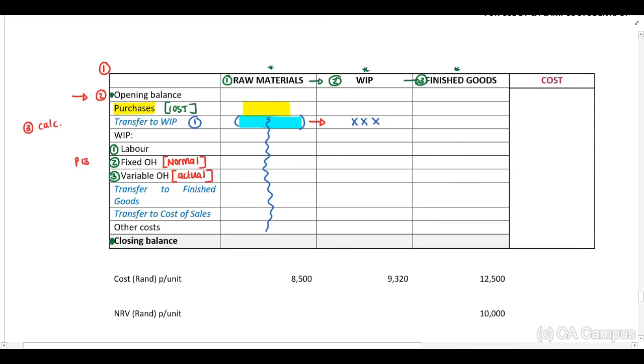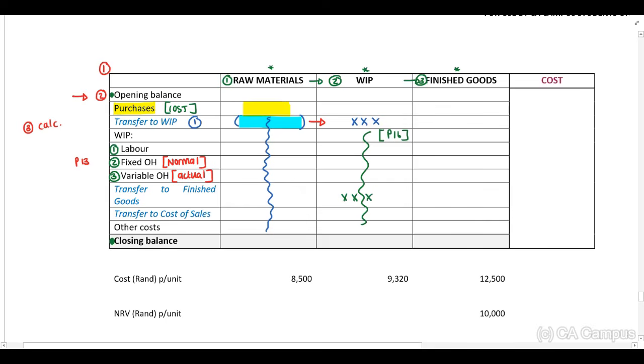Now once you've completed the calculation of your work in progress by including opening balances, closing balances, and important, refer to paragraph 16 of all of the costs that should be included, then guys, you are able to calculate the amount that should be transferred to your finished goods.